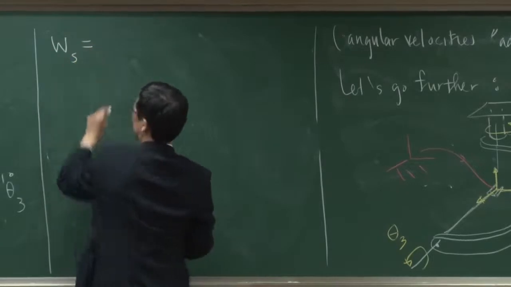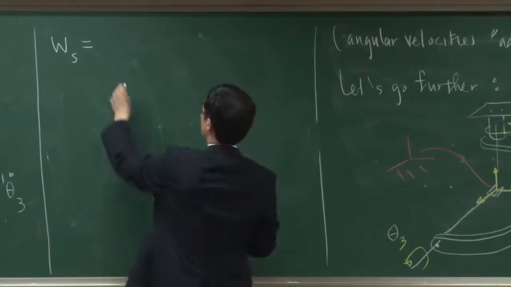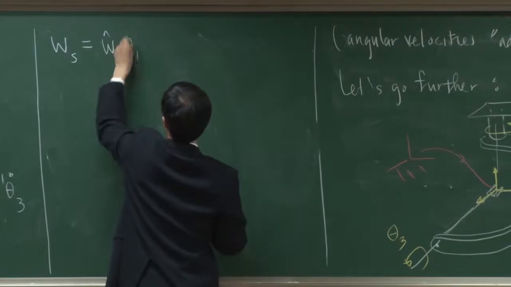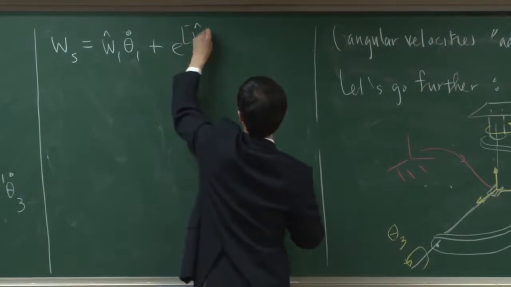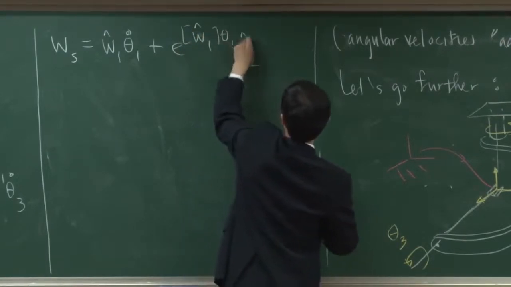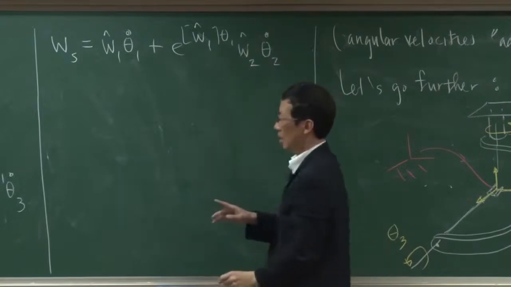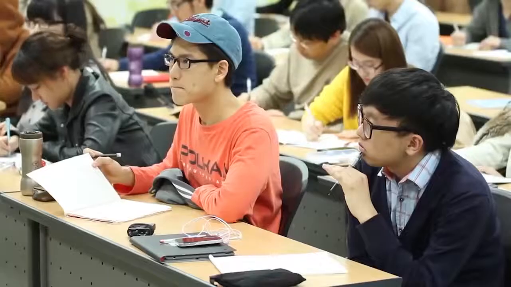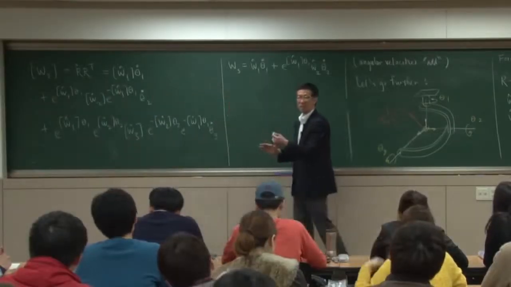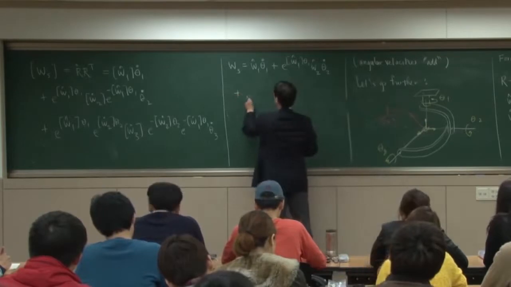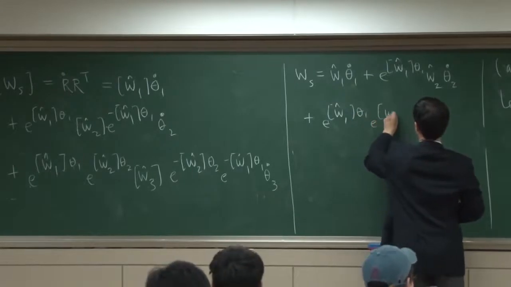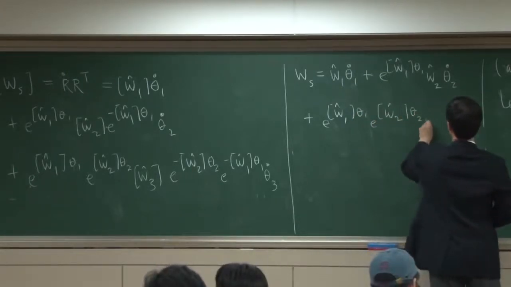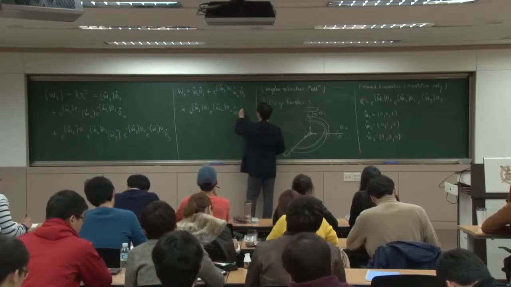And then we get omega s is omega 1 theta 1 dot, plus, same thing as before, e to the omega 1 theta 1 times omega 2 theta 2 dot. And then the third term, just treat this as one rotation matrix. Use the same trick. We get plus e to the omega 1 theta 1, e to the omega 2 theta 2 times vector omega 3 times theta 3 dot.